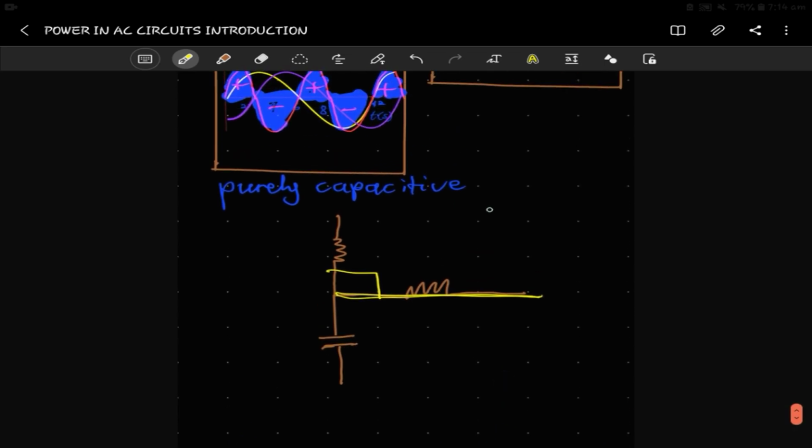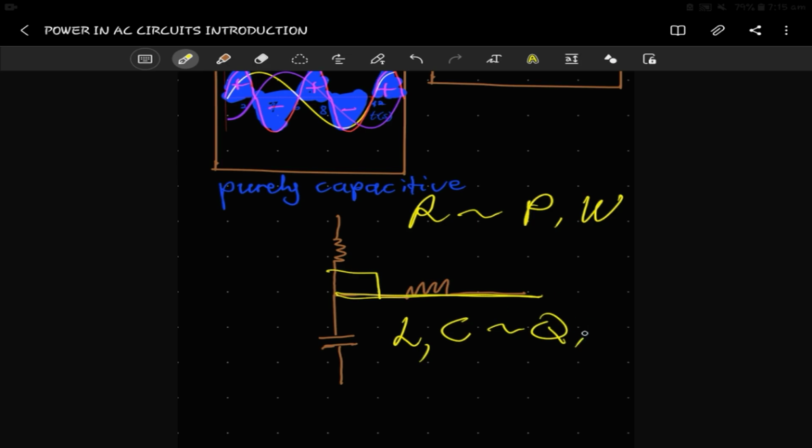And we said that the resistor is related to power, which has a unit of watt. And we said that the inductor and capacitor are related to what? Reactive power, which has a unit of what? So the inductor is related to reactive power.